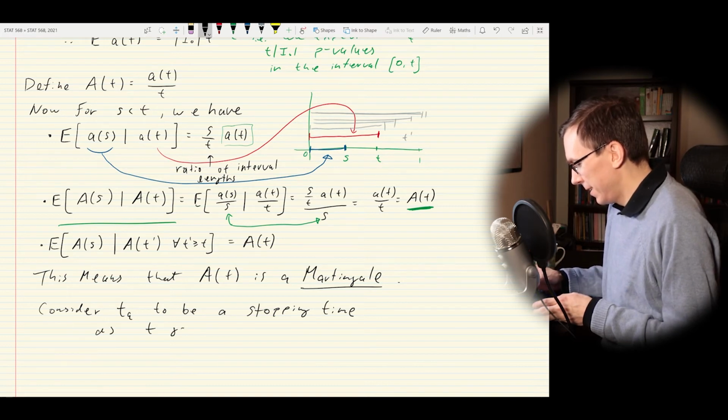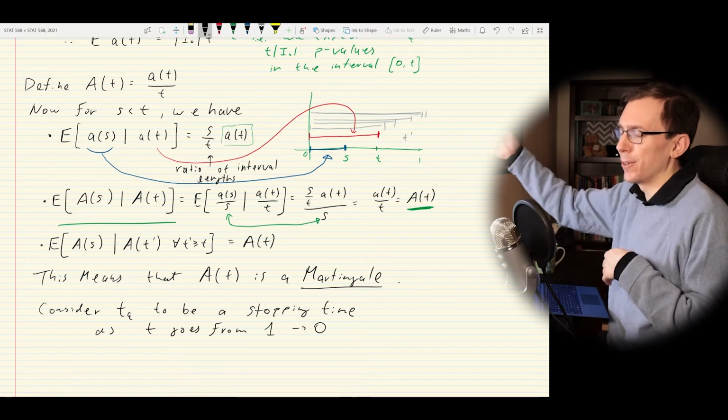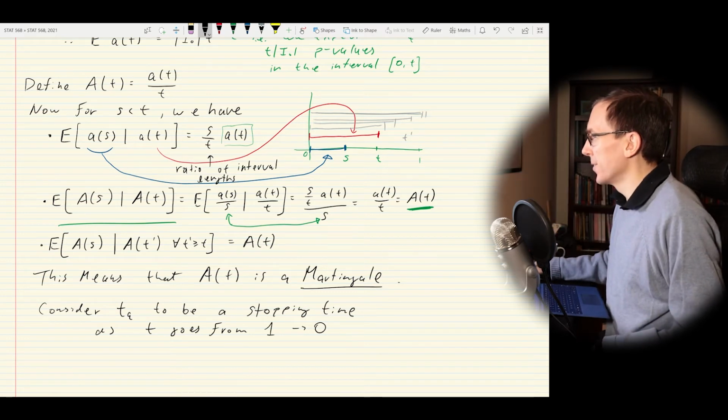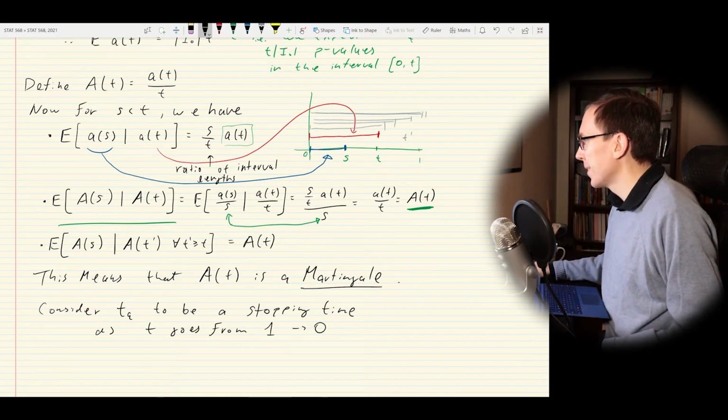as T goes from 1 to 0. So the threshold now is going from 1 to 0 compared to, say, a standard example of a martingale where you would have time going from 0 to infinity. But a martingale nevertheless.